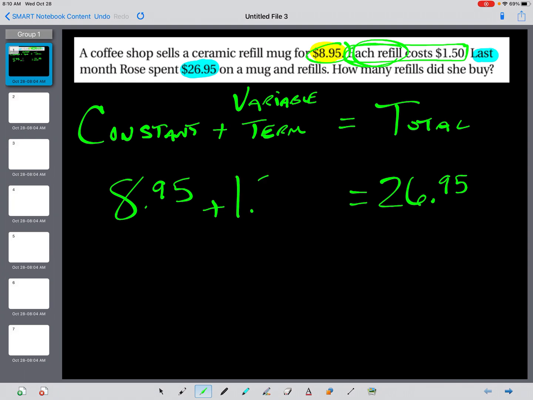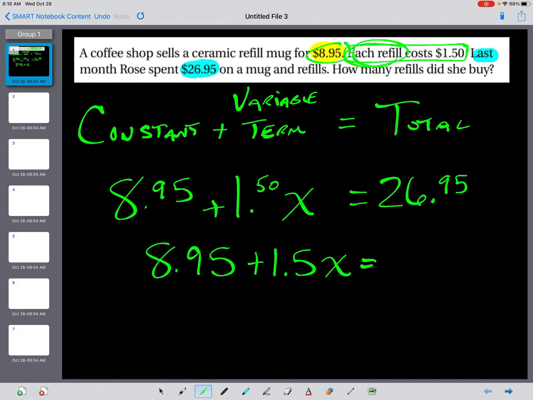So we'll put $1.50 here, and each refill, we'll call that R. You know what? Let's just use X. That looks a little bit cleaner. $1.50 X.